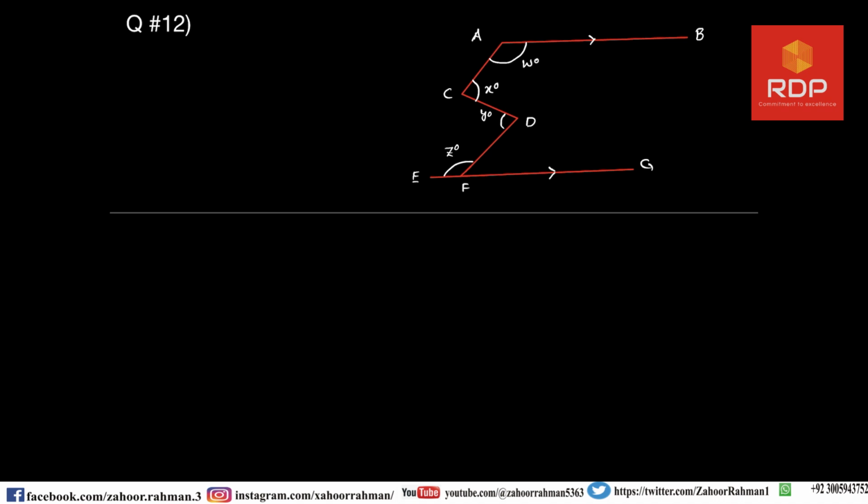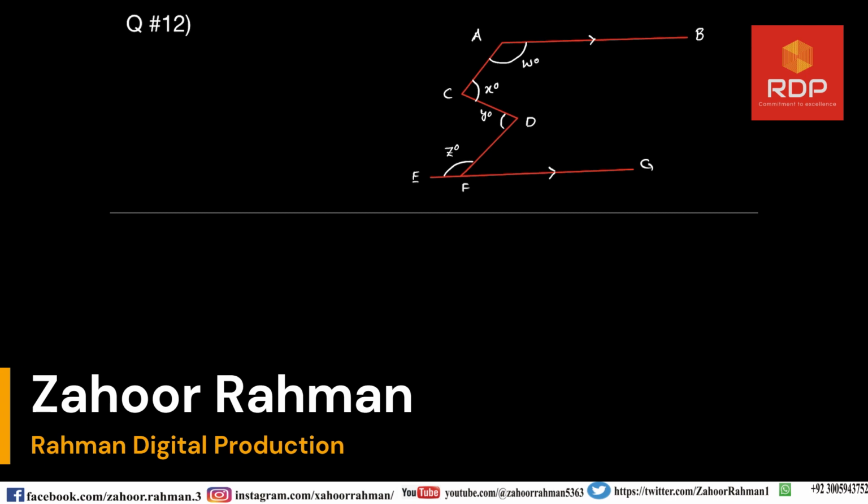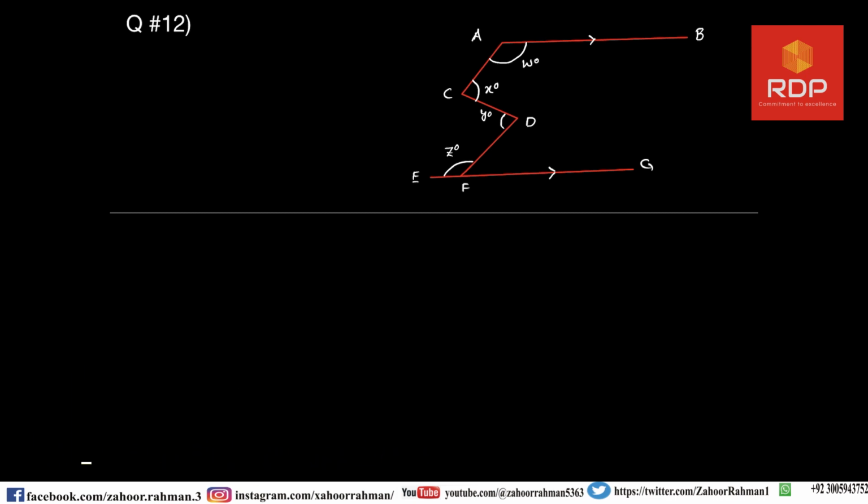So here, ladies and gentlemen, they gave us in the question, in the figure, AB is parallel to EG. Ladies and gentlemen, this is denoted by the overhead arrows, which denote that these two lines are parallel. Now, another piece of information, BAC, which is this angle.